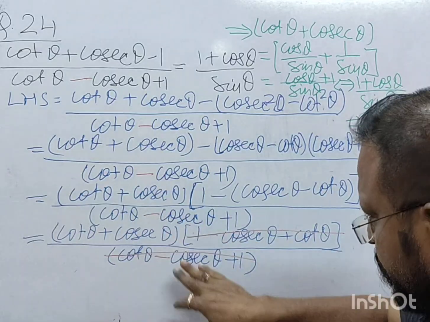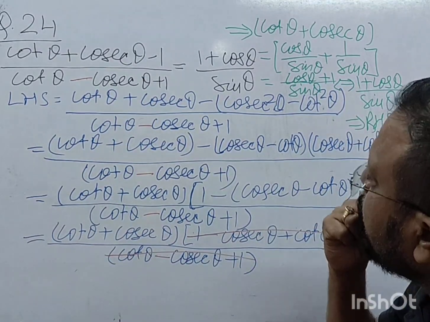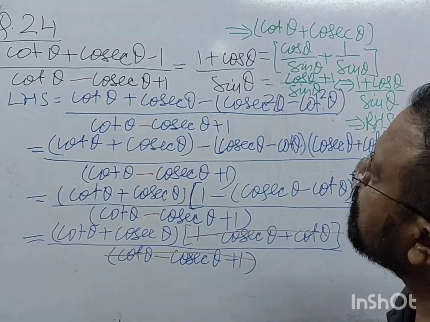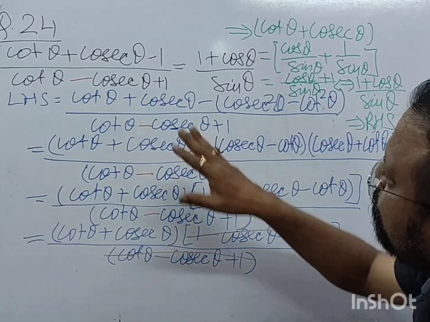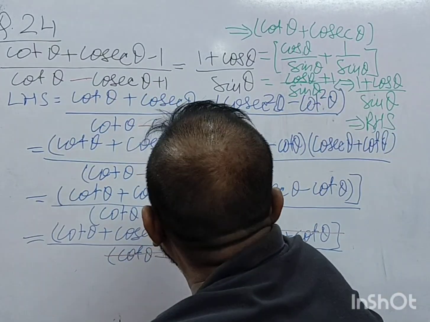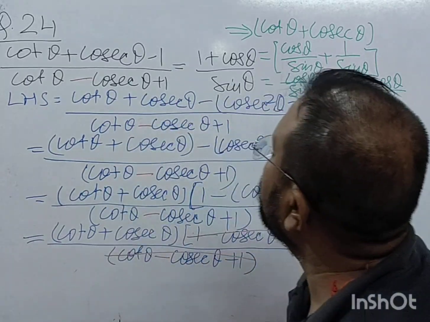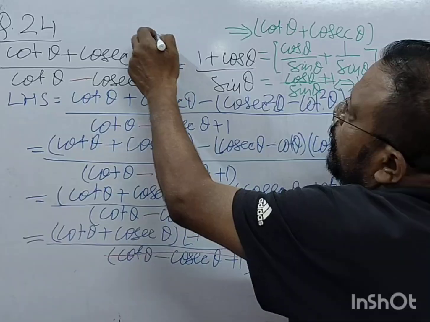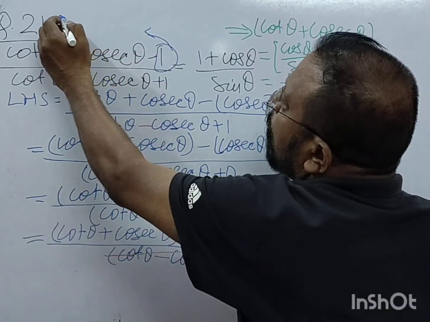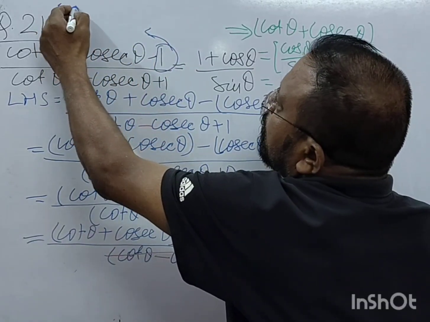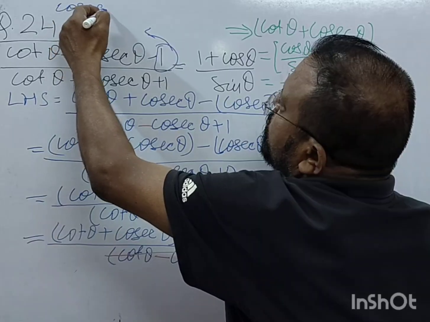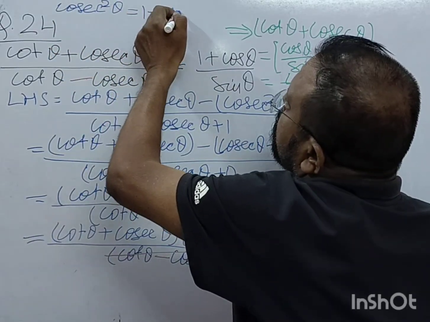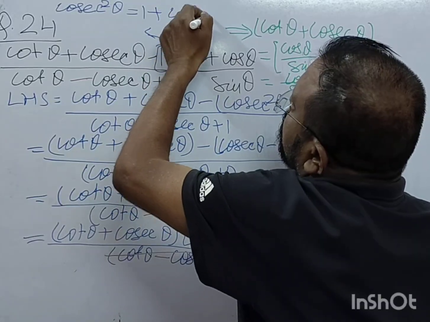This minus minus minus, I was thinking about that because the arrangement was not working out, okay? So here what we have done, we know that cosec square theta is equal to 1 plus cot square theta.